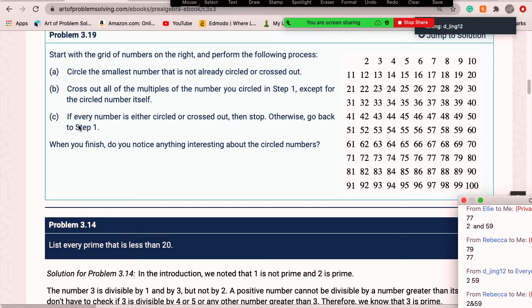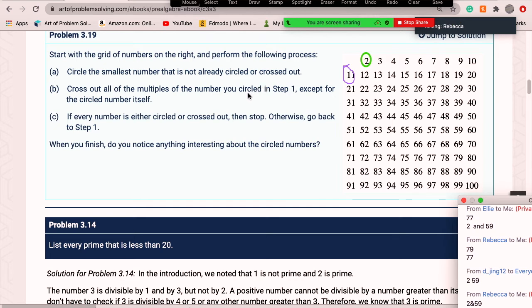What does that mean? Circle it. So I have to circle the ones he did not circle.